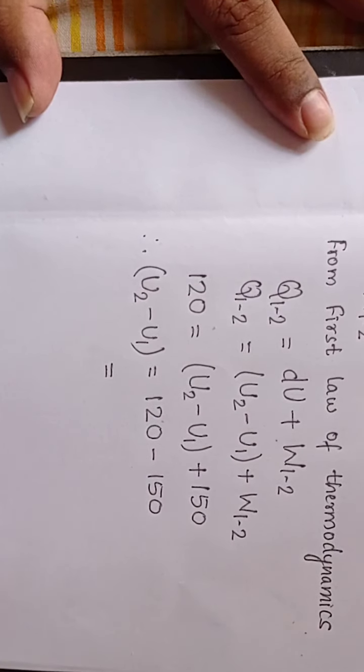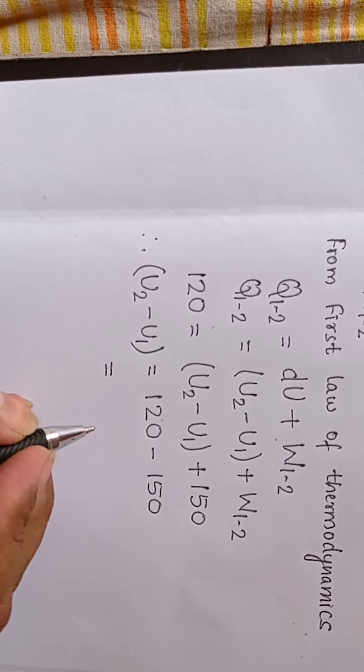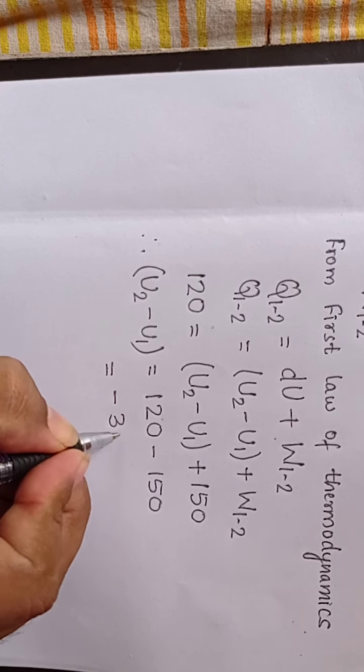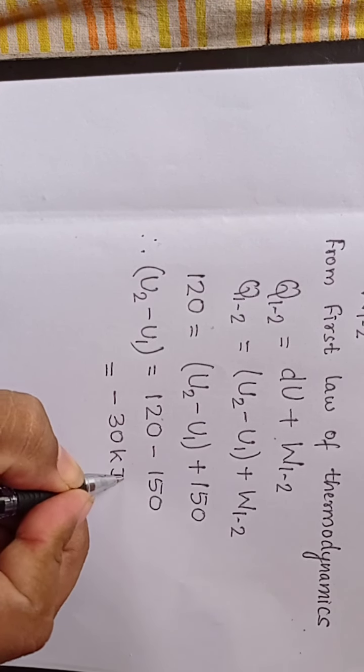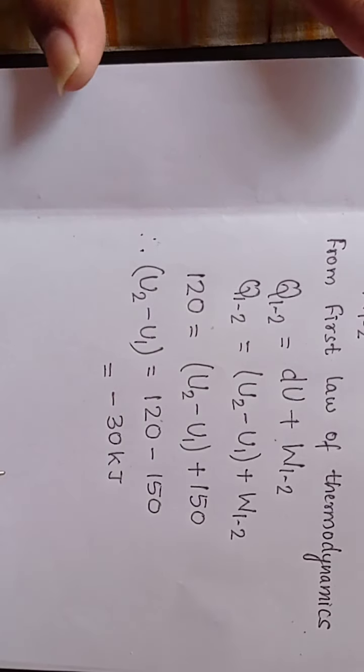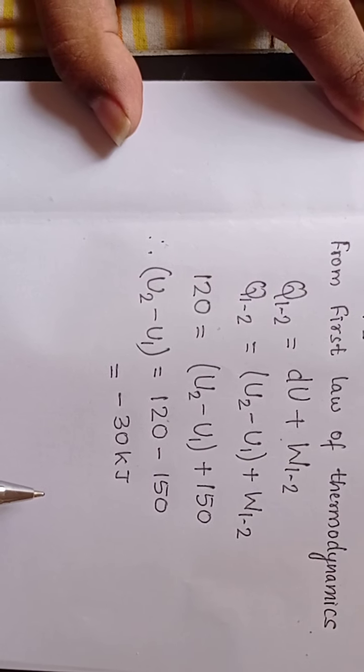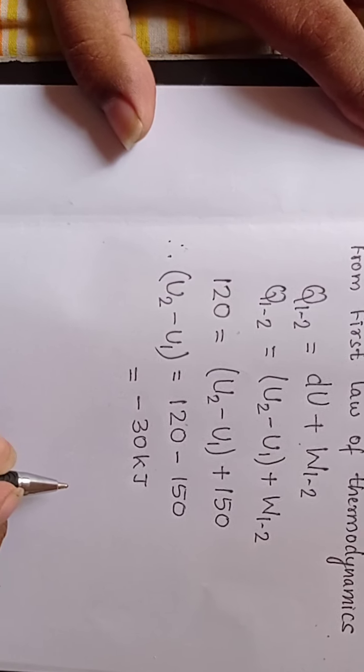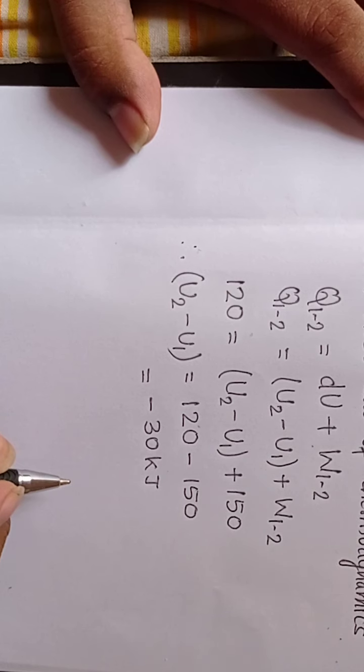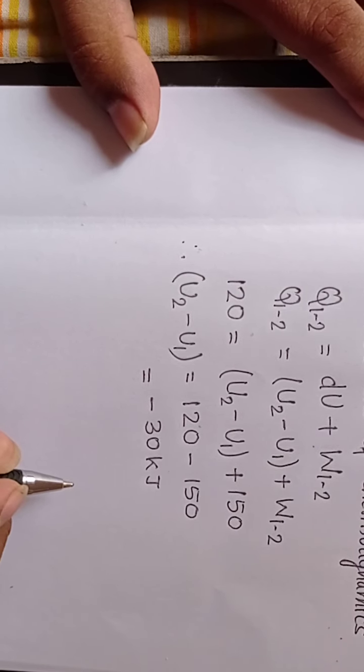I repeat, 120 minus 150. So minus 30 kilojoules. So U2 minus U1 is minus 30 kilojoules. So what is the meaning of this minus 30 kilojoules? The internal energy has reduced by 30 kilojoules.